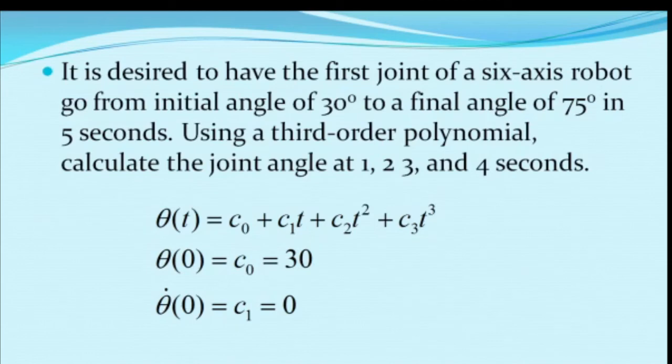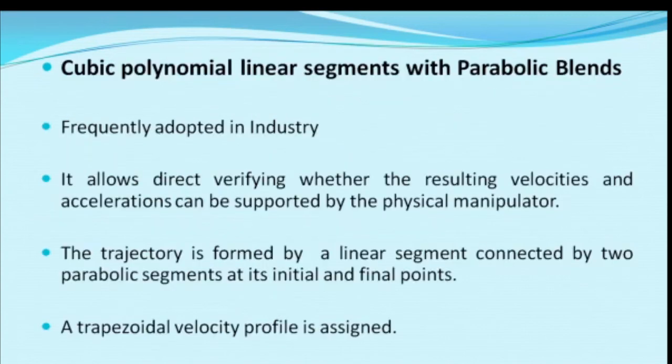This is one numerical. A numerical is not expected, but if you have interest, you can go through that. Now, last point. We'll select another polynomial or function for the trajectory, that is, a cubic polynomial linear segment with parabolic blend. This strategy is adopted in industry because it allows verification of whether the resulting motion is supported by the robot manipulator or not.